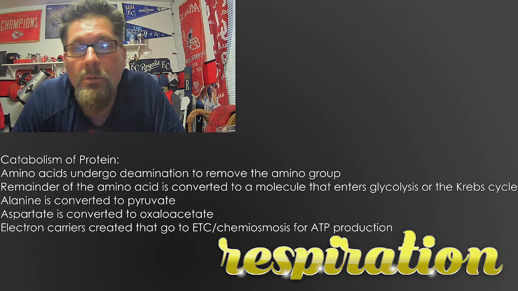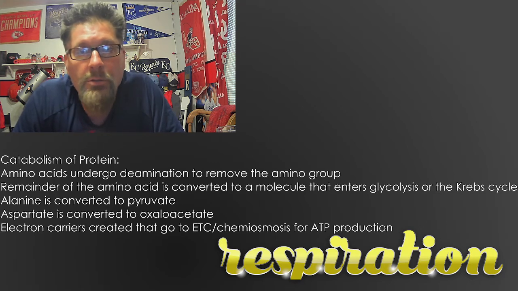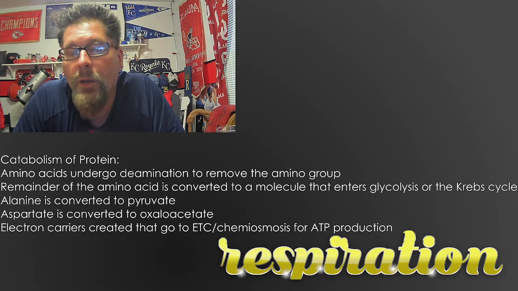And continuing that talk, looking at proteins, because again, we said molecules, so looking at protein as being one of the things that can be used. If we're going to catabolize the proteins, you can see the amino acids change, and then that conversion is what enters glycolysis and the Krebs cycle.